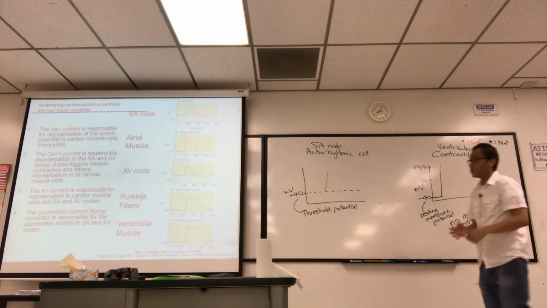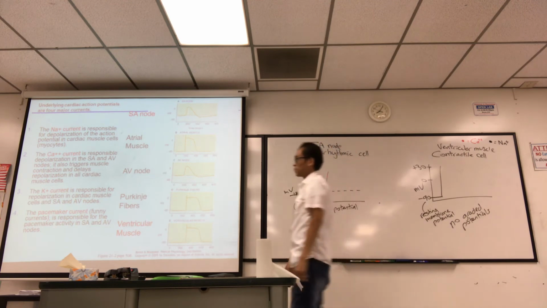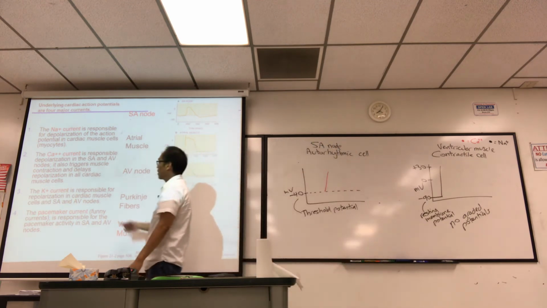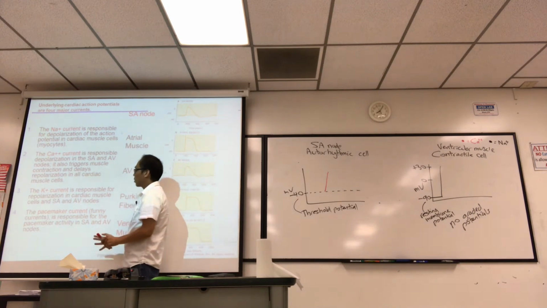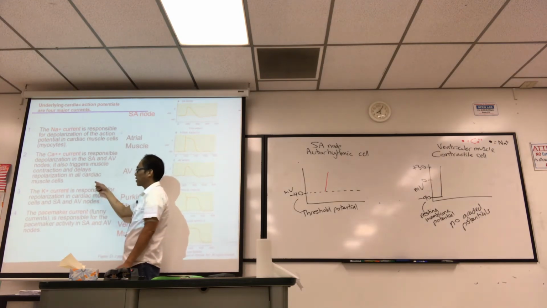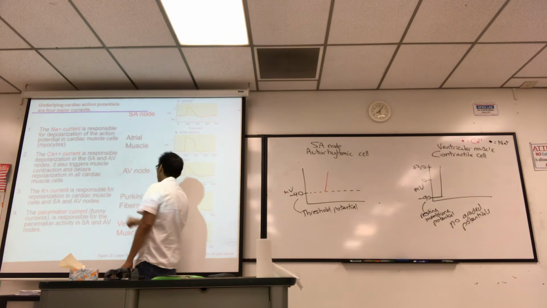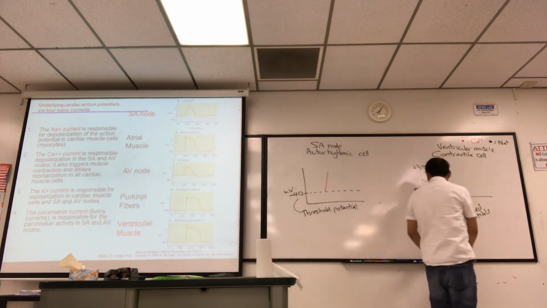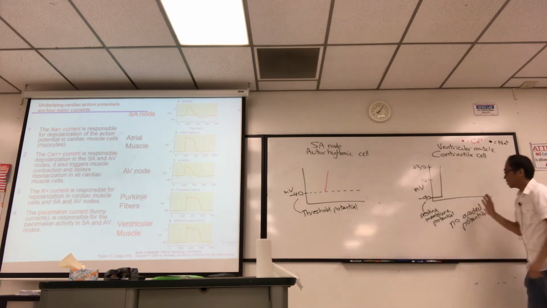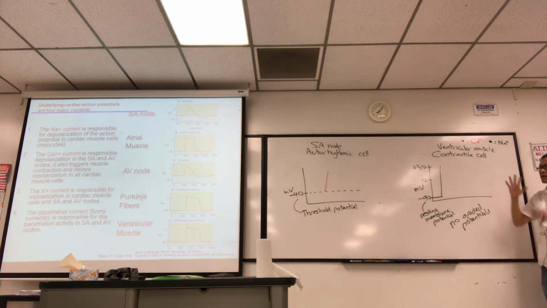The other thing it said was there's a delay in repolarization in the cardiac muscle cells. That's the contractile cell. So what happens in the heart muscle, these cells over here, is the sodium channel is open, but they inactivate very quickly. And you start to see that on the trace.